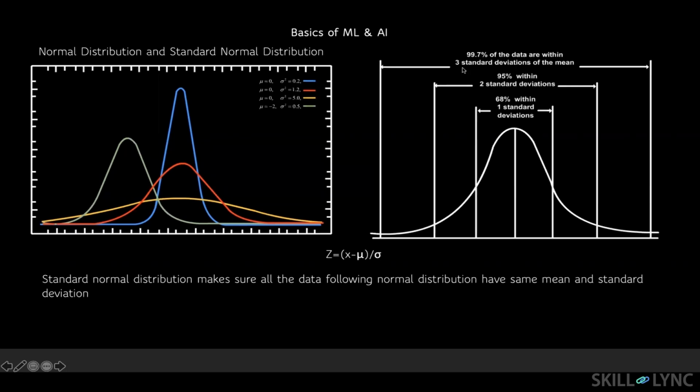With 3 sigma we have 99.7% of the data lying within 3 sigma about the mean. So for 6 sigma you can imagine the value will be 99.99999 something. You must have heard that your organization follows 6 sigma quality, and this is what they mean by 6 sigma in real life.